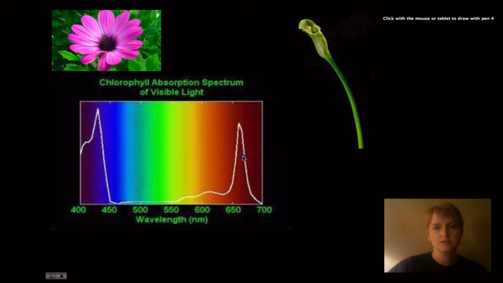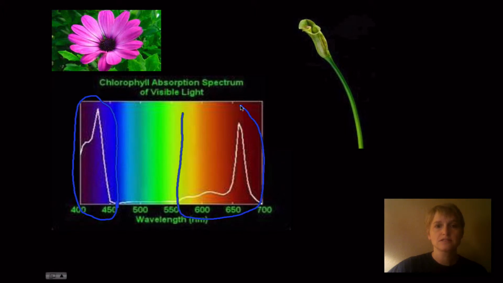All of these colors are in sunlight. But chlorophyll does not absorb that entire spectrum. So what it absorbs is what you see here. It absorbs that, and it absorbs these wavelengths here.